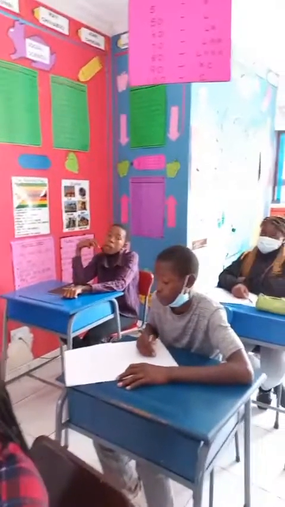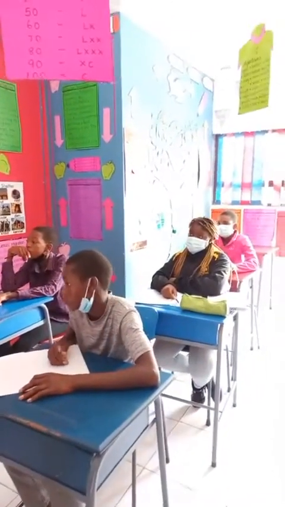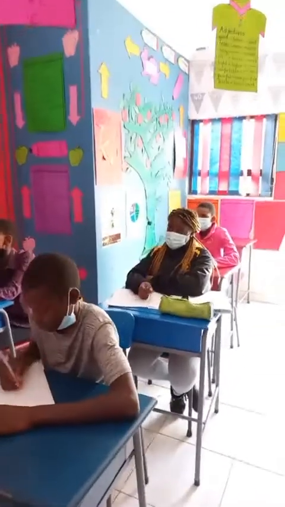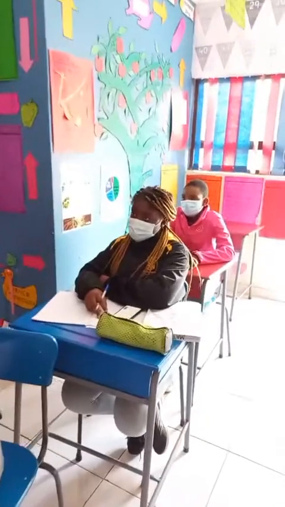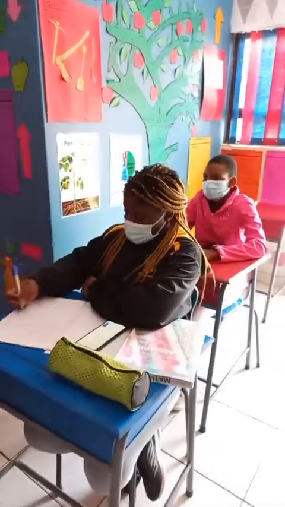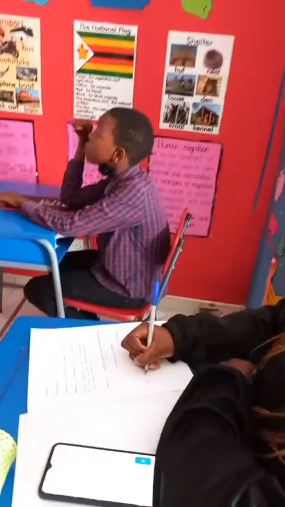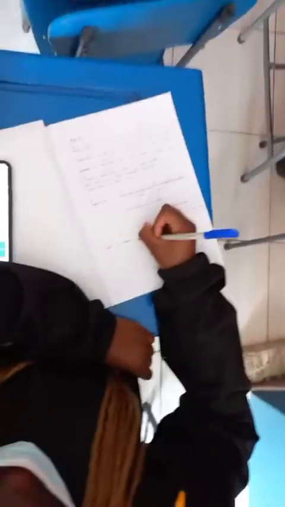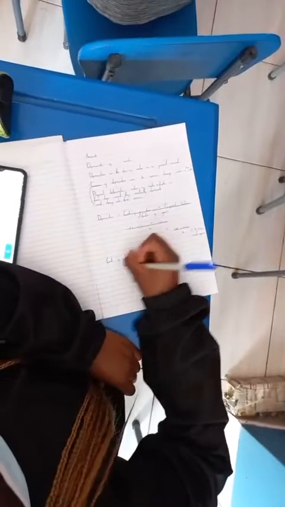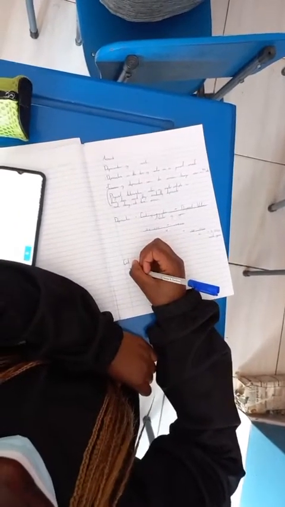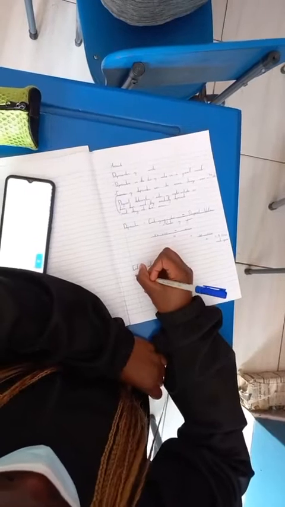Now let's do this. The cost of a bus, we said, is how much? 56,000. And then depreciation for first year is how much? Stanley? 9,500, correct?